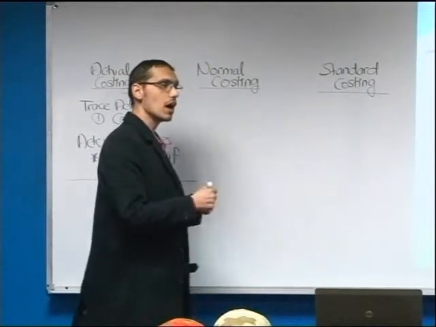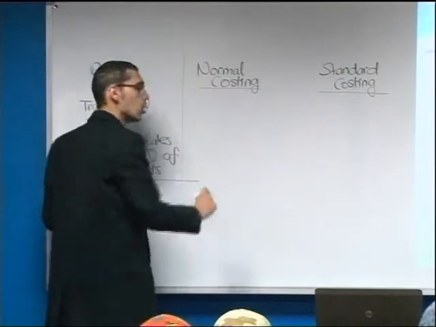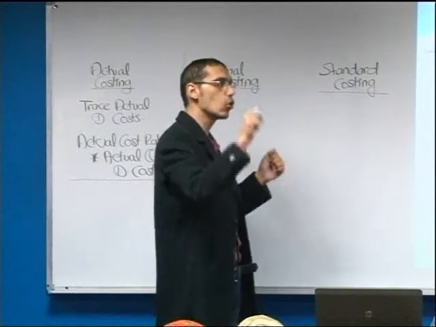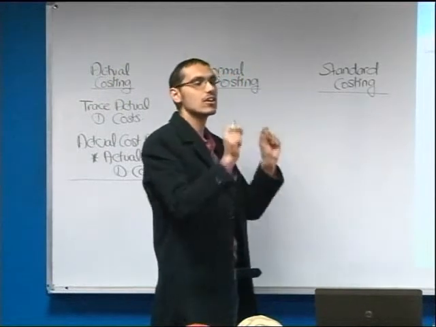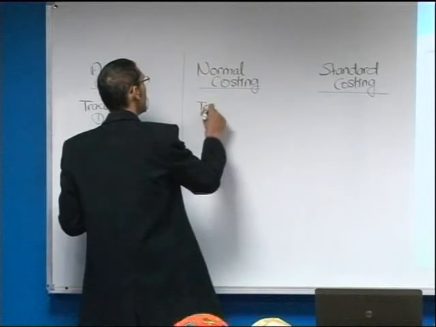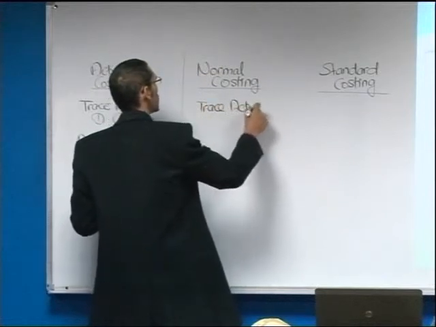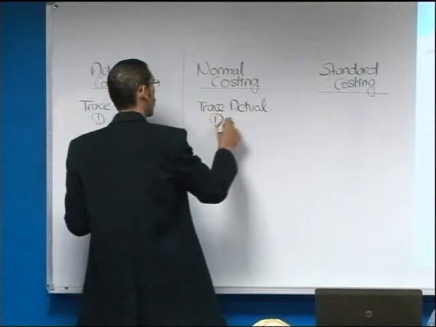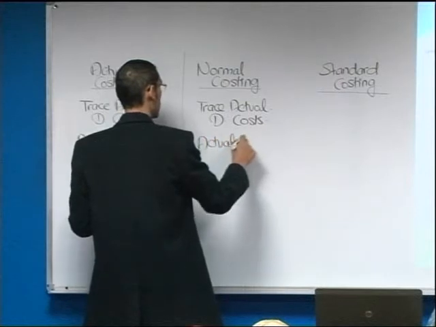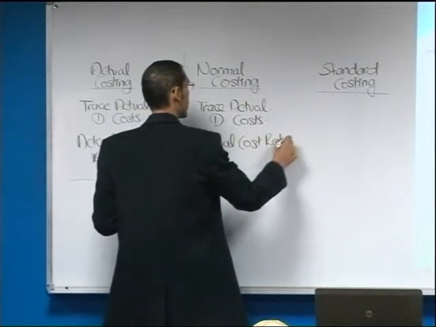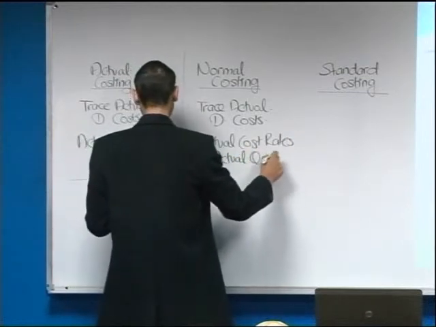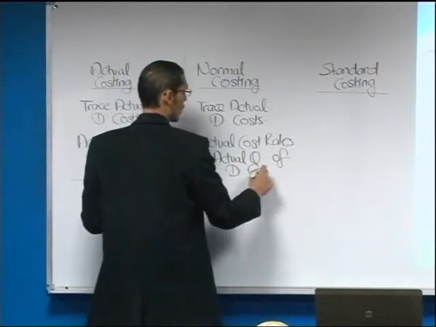The normal costing, on the other hand, also traces the direct costs according to the actual quantities and according to the actual cost rates. Therefore, also here we are going to trace actual direct costs by multiplying actual cost rates by actual quantities of these direct costs.